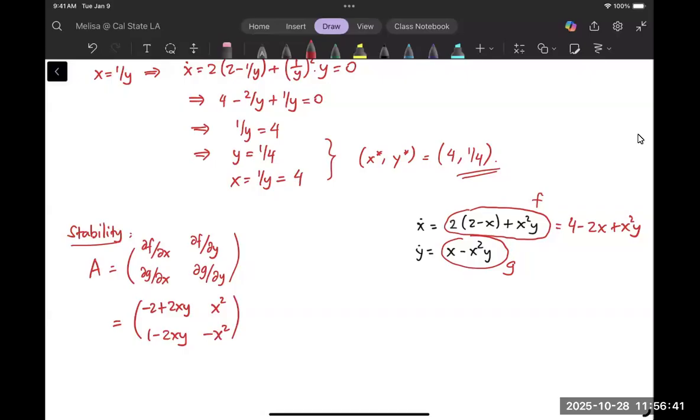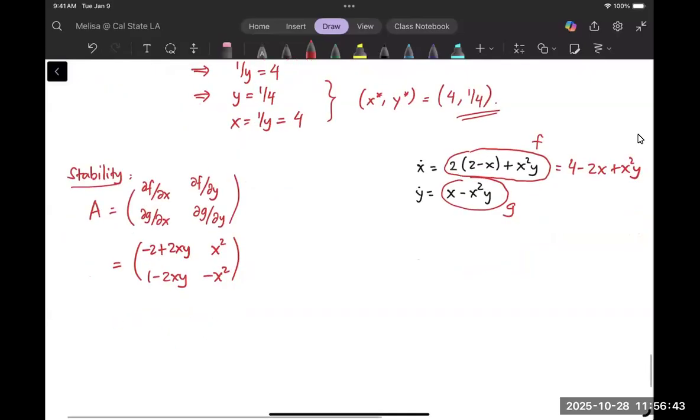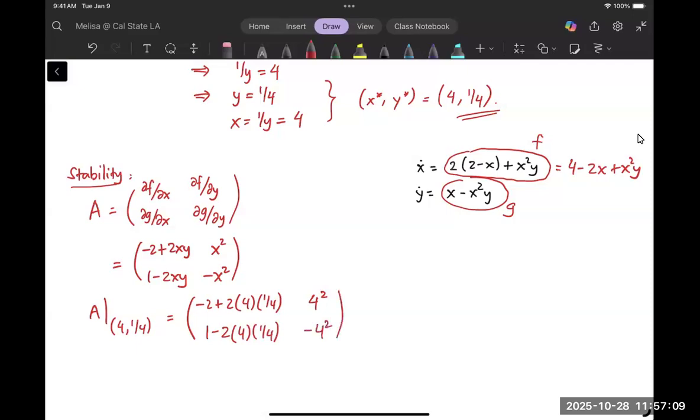So now evaluate this at the fixed point, at 4 and 1/4. So let's see, what do we get? We get minus 2 plus 2 times 4 times 1/4, and we get 4 squared minus 2, 1 minus 2 times 4 times 1/4, and then minus 4 squared.